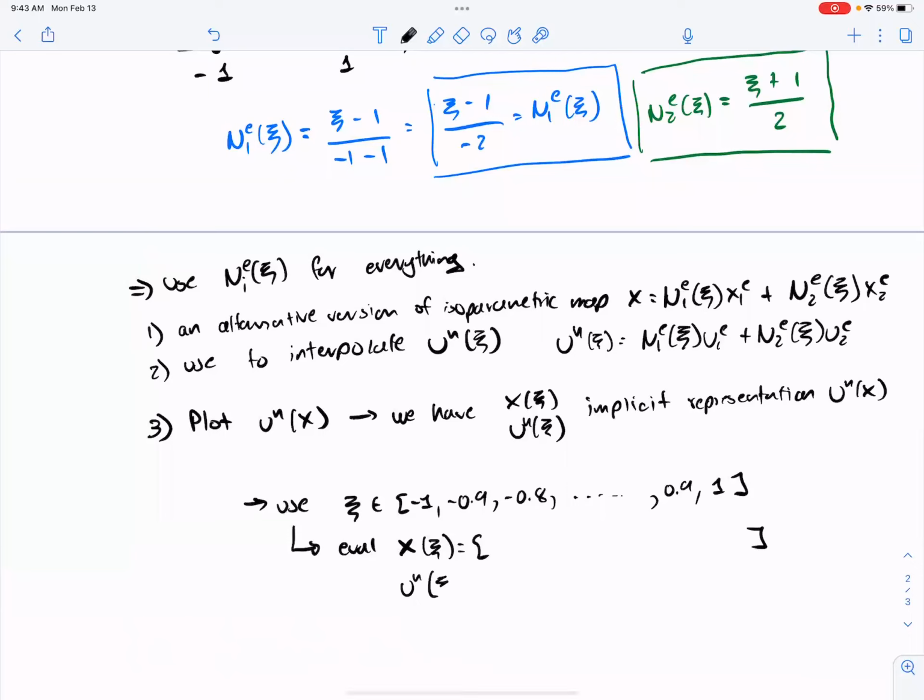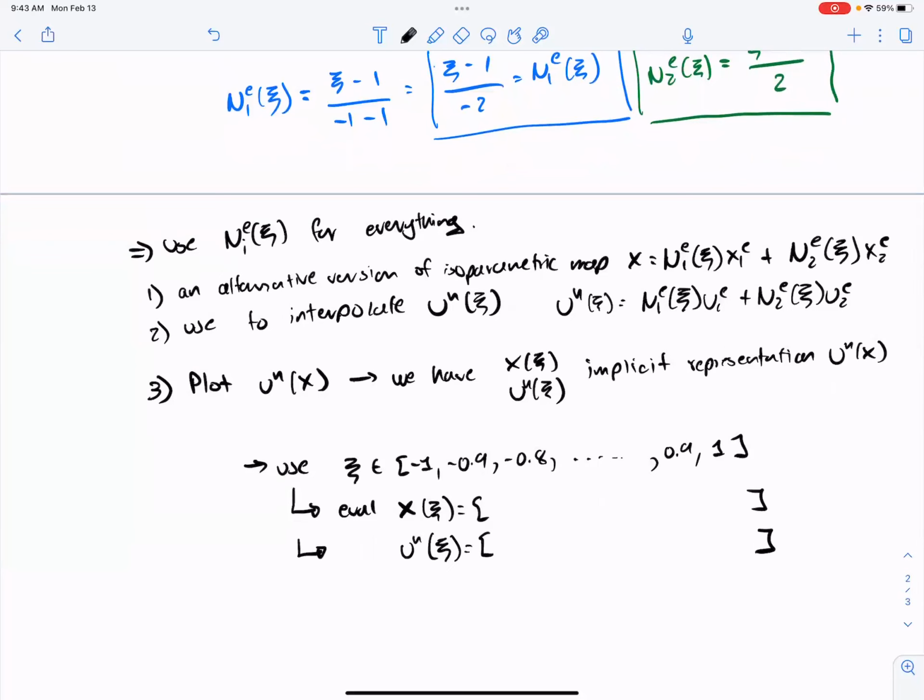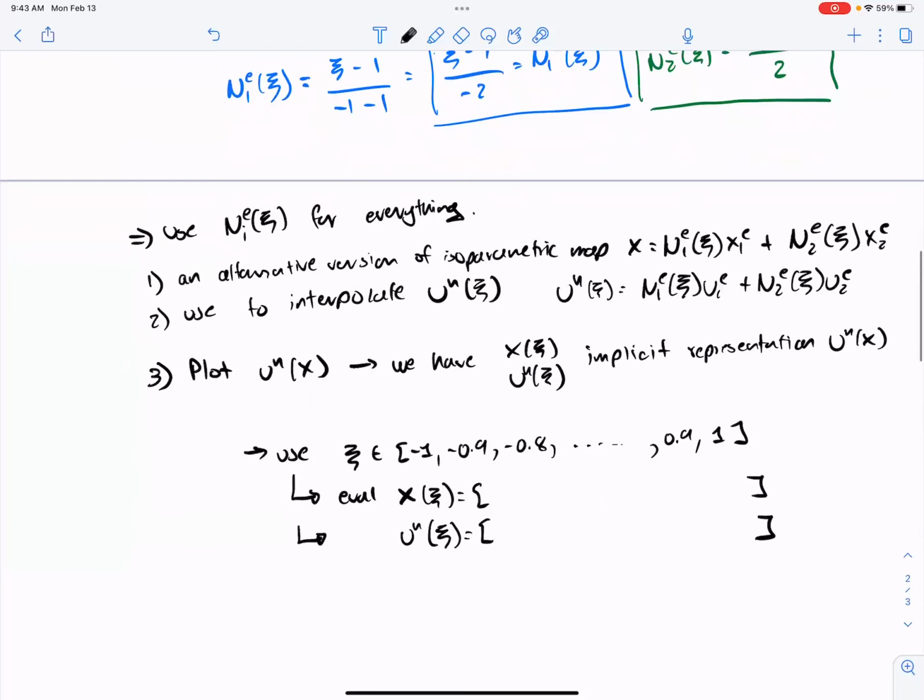I can also evaluate all the u that correspond to that xi. And then I just ask Python to plot the x and the u.